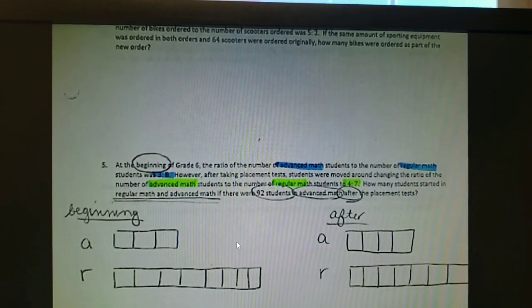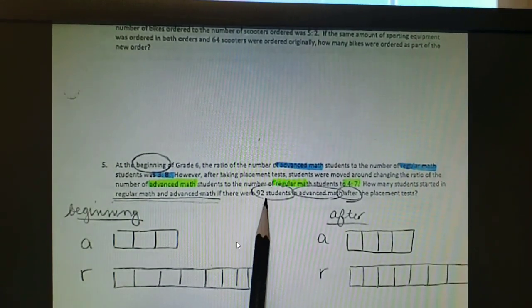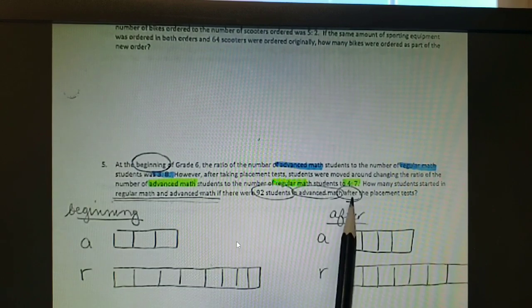Then we need to read the rest of the information. How many students started in regular math and advanced math? That's the answer to our question, if there were 92 students in advanced math after the placement test. So we want to go to our after graph.